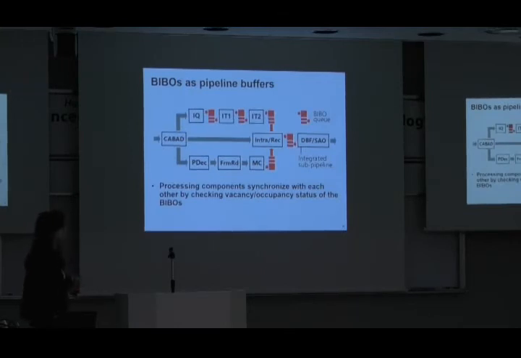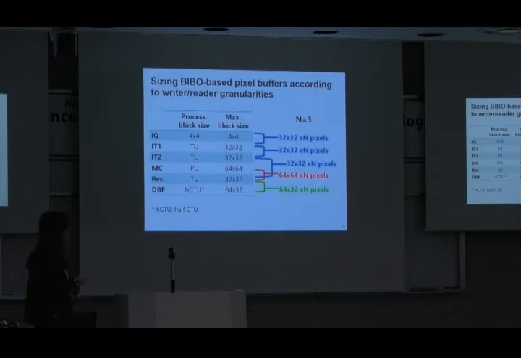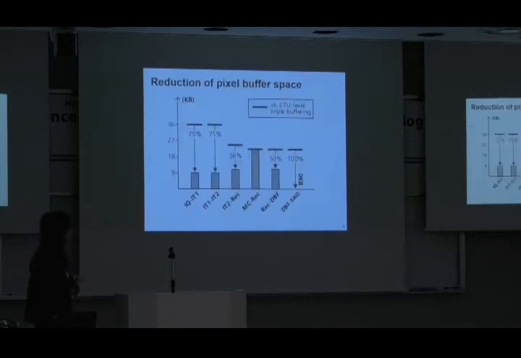Now we replace the triple memory with the BIBO to store the pixels. The BIBO size is according to the definition of the standard, and we can choose the BIBO size. The results show here that we can reduce a lot when we use the BIBO architecture compared with triple buffering.